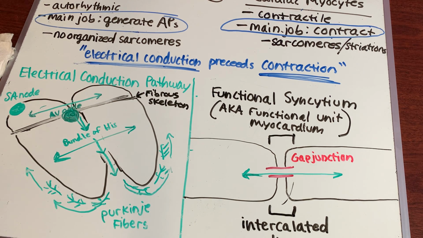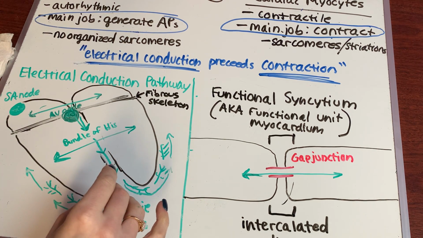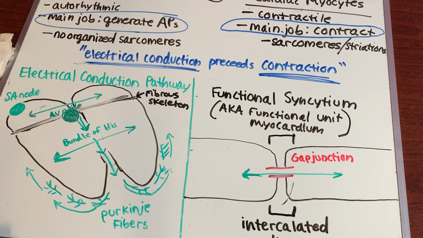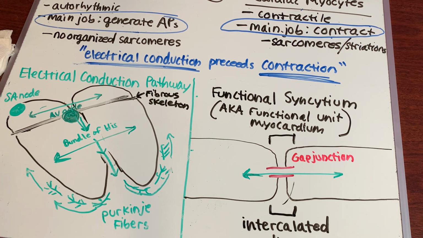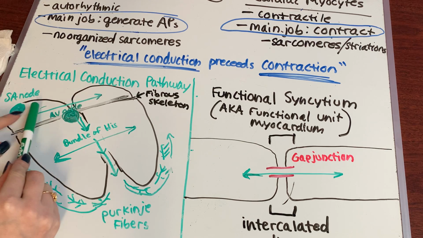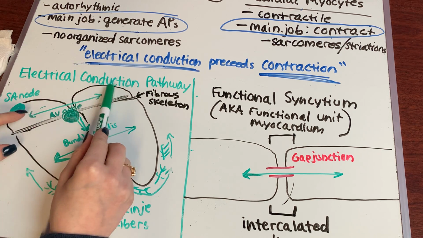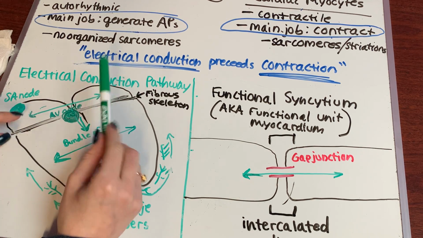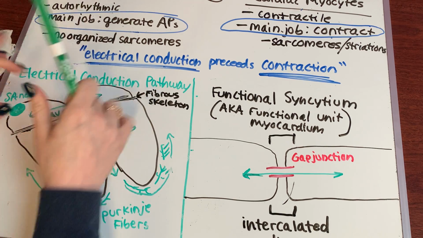The exact definition is the area of the heart that can contract from one stimulation event. If we had the stimulation event in the atria from the SA node, this allows both of the atria to contract at the same time because of the gap junctions.